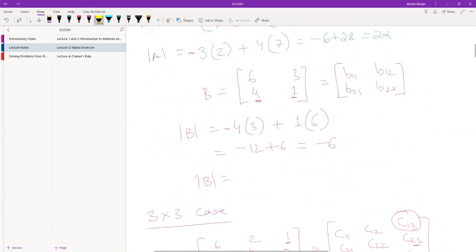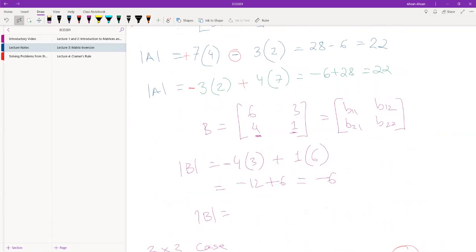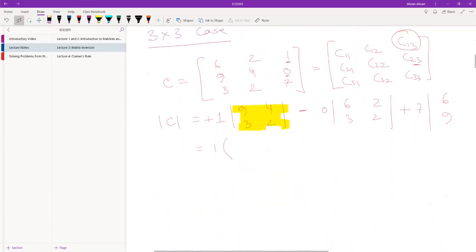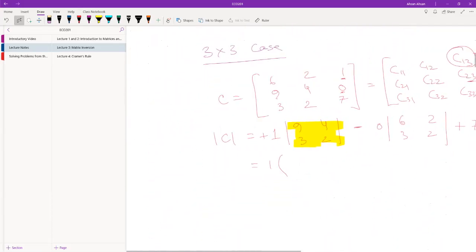So notice we've learned how to calculate the determinant of a 2 by 2 matrix here. So we just have to calculate the determinant of this once again.